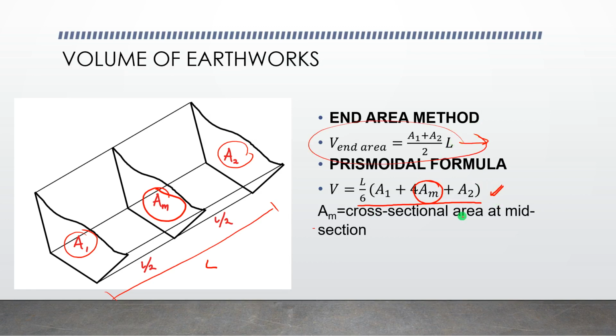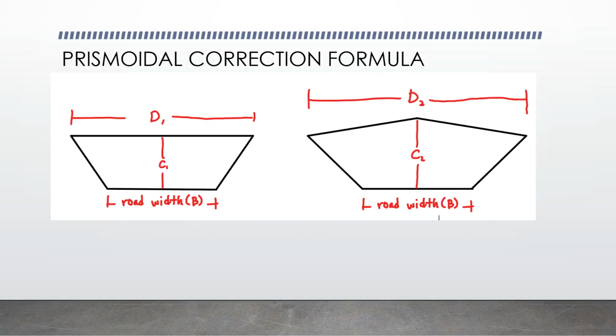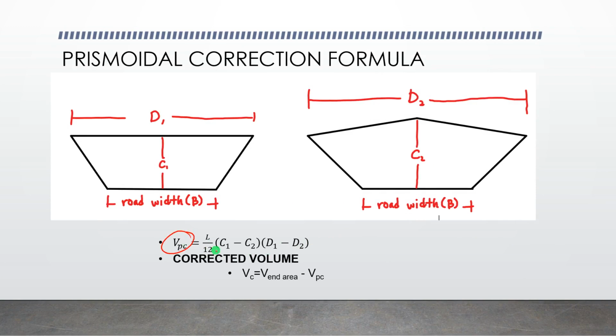However, in the end area method, we can still compute the correct volume by applying the correction, which is called the prismoidal correction. So the prismoidal correction formula is L over 12 times the quantity of C1 minus C2 times the quantity of D1 minus D2.